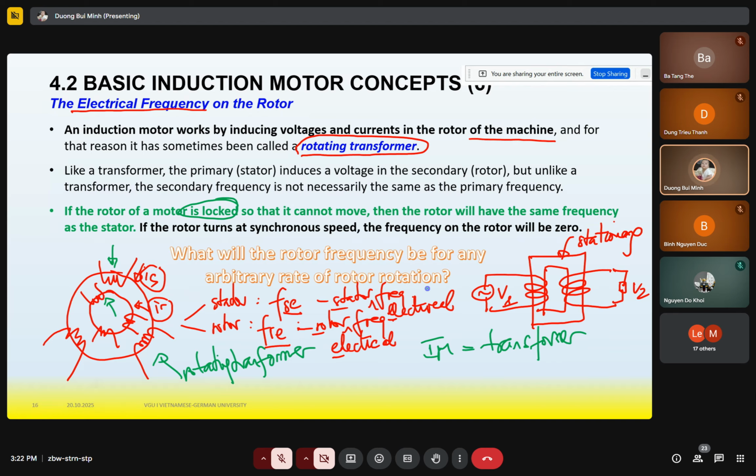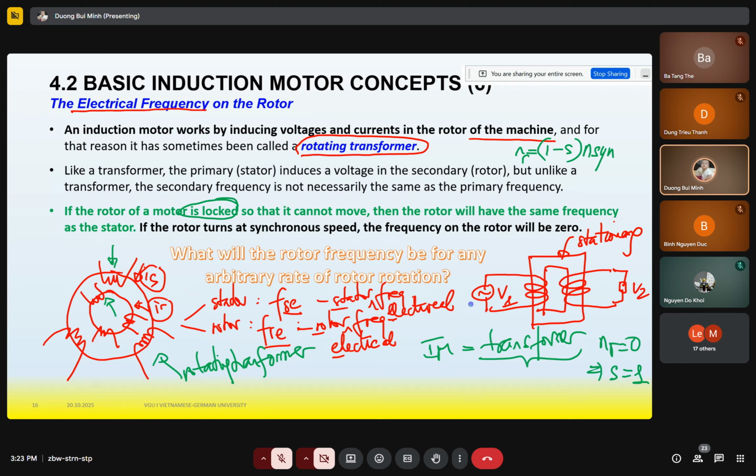So the rotor is stationary, meaning n_r is 0, because the rotor doesn't rotate. n_r is 0 means s is 1, because n_r is (1 minus s) times n_sync.